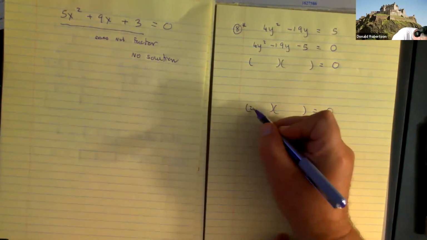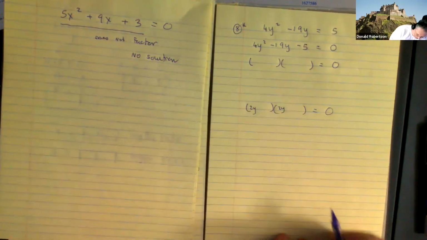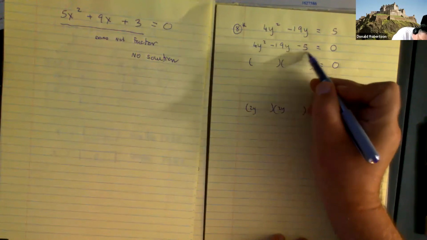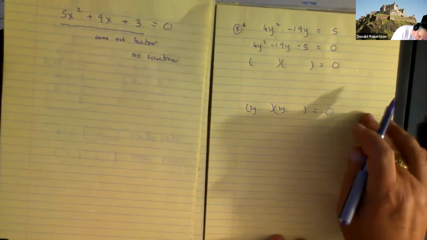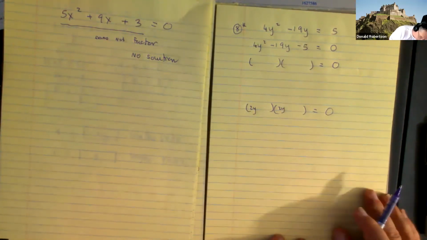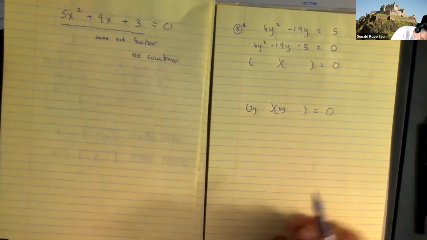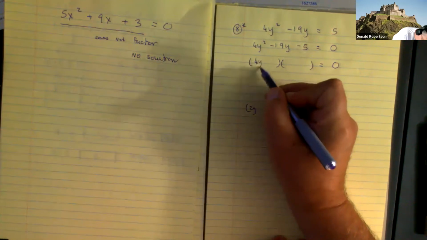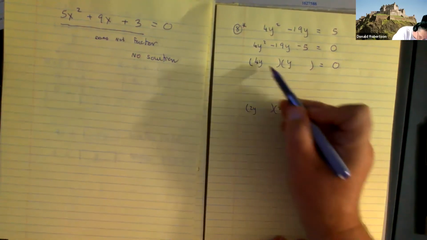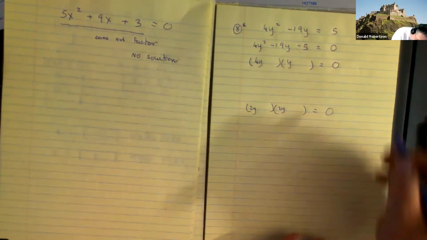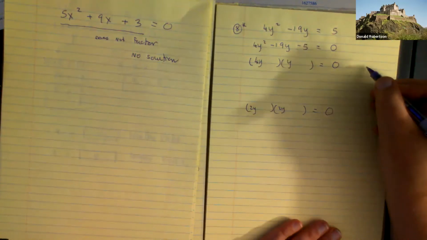It could be a 2y and a 2y. And then I'd look for all the combinations of -5, try them and see if any of them work. I know that that doesn't work, so let's just pretend I did all those and they didn't. The other possibility is 4y and y, right? 4y times y gets you 4y squared. So let's look at how you can get -5.